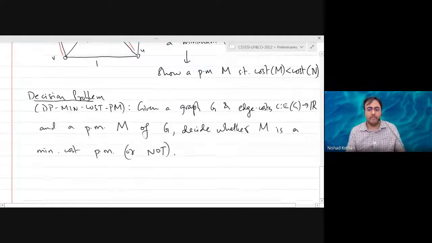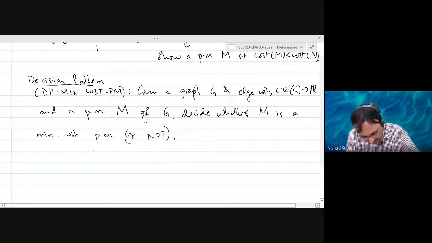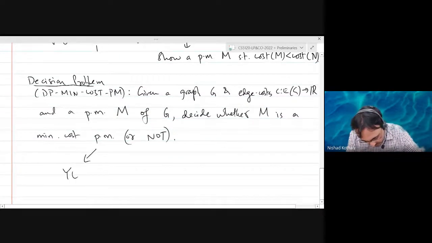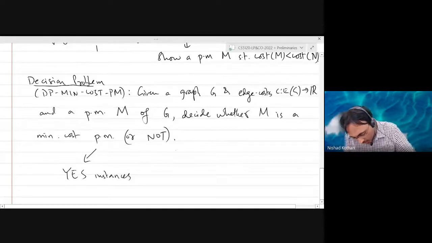So if the given perfect matching is a minimum cost perfect matching, then you would say yes, otherwise you would say no, right? So there are two kinds of instances, yes instances and no instances.